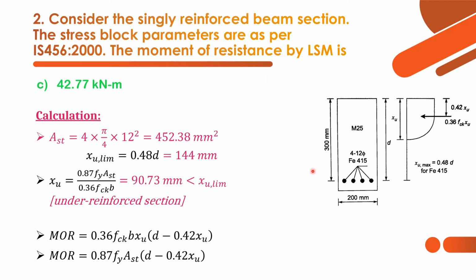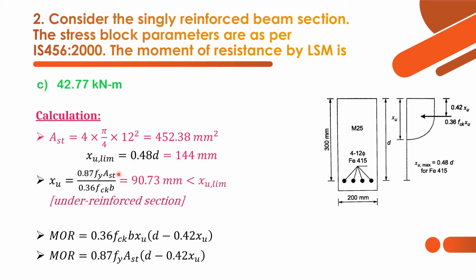And as per the given section, what will be the xu value? We have to find it using the relation xu is equal to 0.87 fy Ast by 0.36 fck b. We know fy is 415, Ast is 452.38, fck is 25 since the grade of concrete mentioned here is M25, and b is the width of the beam section, that is 200 mm.